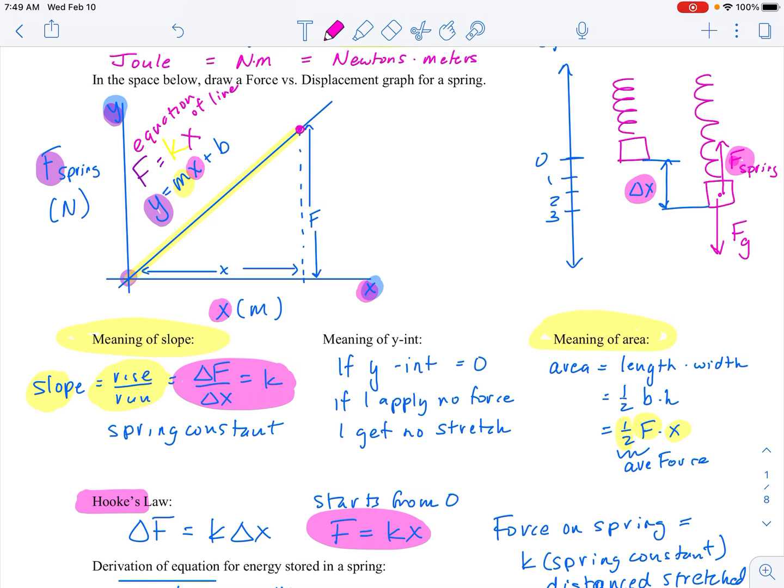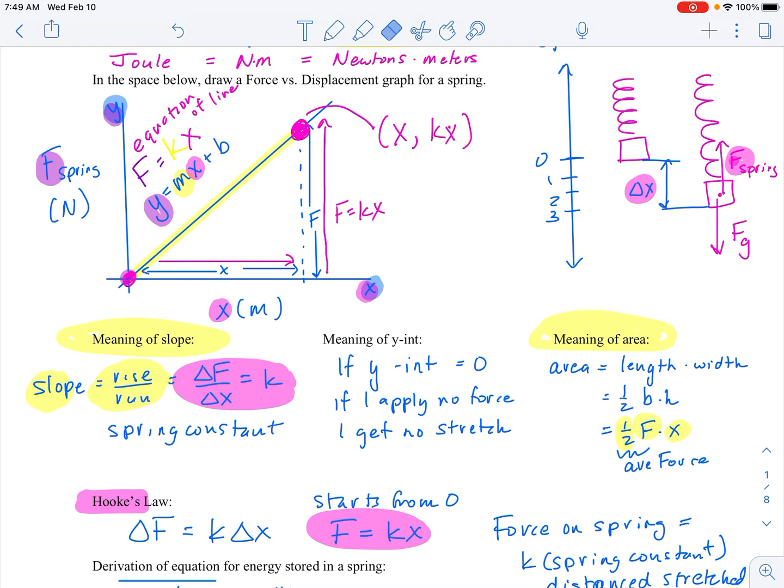Okay, so how do we get to this point right here from the origin? To get to this point, I would go over x, and I would go up the force. But the force equals kx. So if I were going to name the coordinate of this point, I could call it (x, kx).